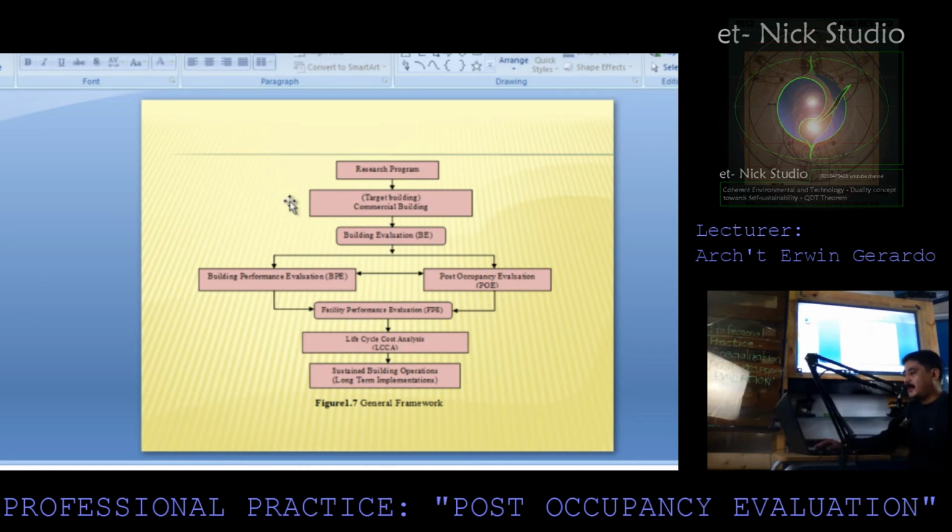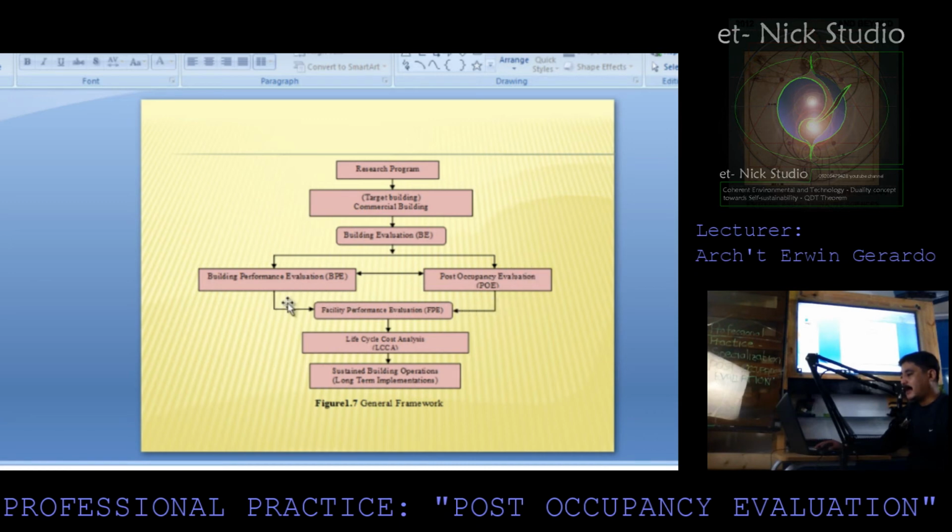So here the next succeeding step is how to evaluate the building, or known as building evaluation. From the flow, take note that it is equated as building performance evaluation, or abbreviated as BPE, or sometimes you can even call this one your post occupancy evaluation.